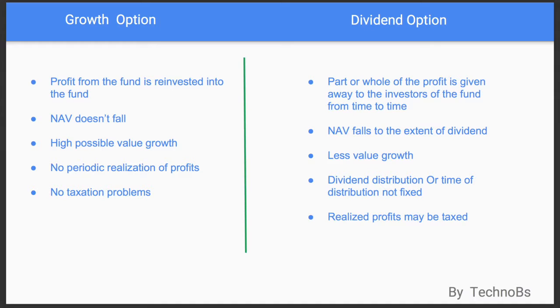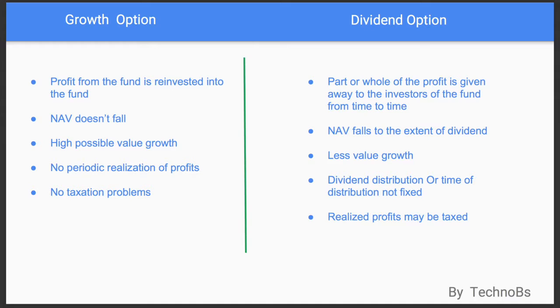But on the other aspect, speaking on the dividend option side, if the market is in a negative trend or it's falling, because you have already realized the profit of $1, what you will be losing is on that $11 only. But on the other hand, in the growth option, your losses will be on the $12. So they have their own both pros and cons.